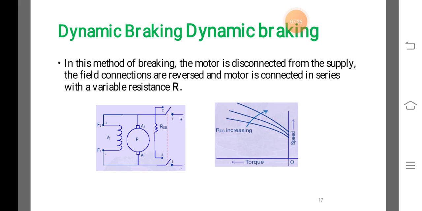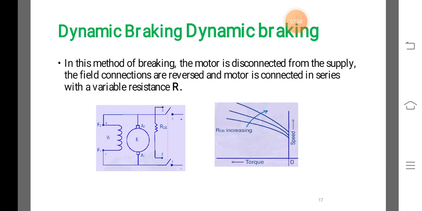Once the kinetic energy is totally dissipated, the motor stops rotating if no external torque is exerted. In this method, the armature of the running motor is disconnected from the supply and is connected across a variable resistance R. However, the field winding remains connected to the supply.